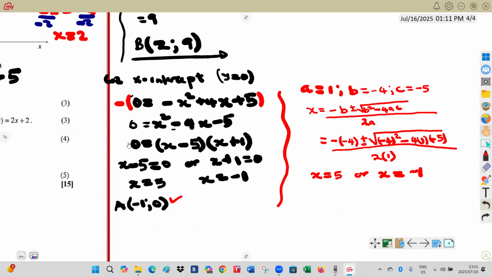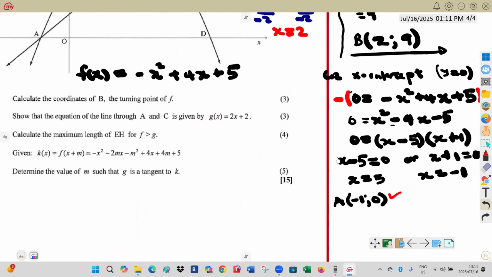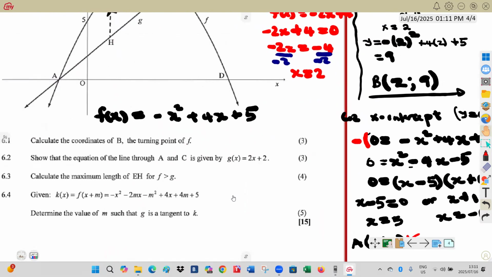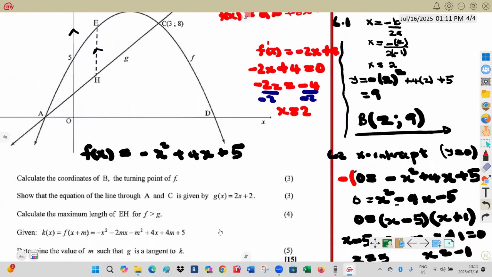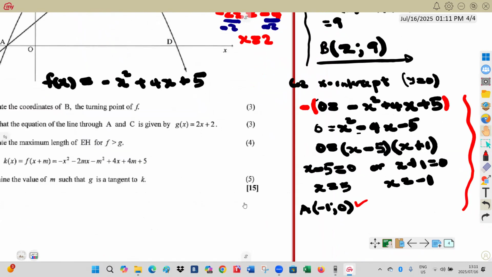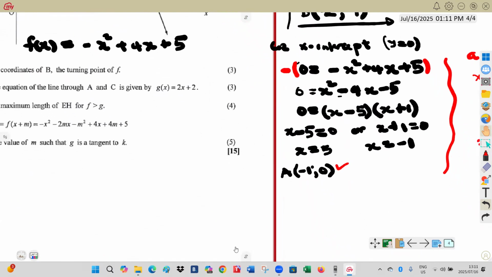So what are the coordinates of C? It is 3, 8. So write the coordinates of C from there. We realize that the coordinates of C are 3, 8.